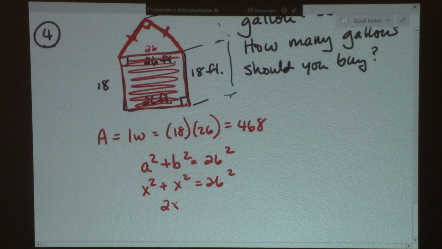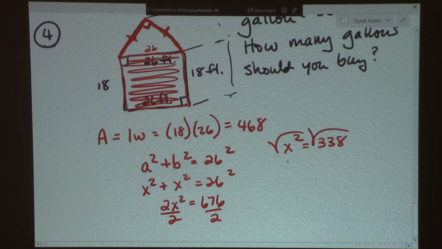So I've got 2x squared equals 26 squared, and that is 676, just so you know. Now let's solve for x squared. So I'm going to divide by 2. X squared equals 338. Take the square root, and I get x is approximately 18.3 if you use a calculator. And of course, it can't be negative because it's a length.